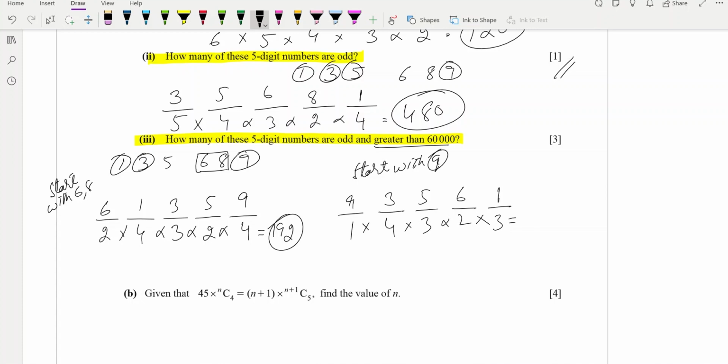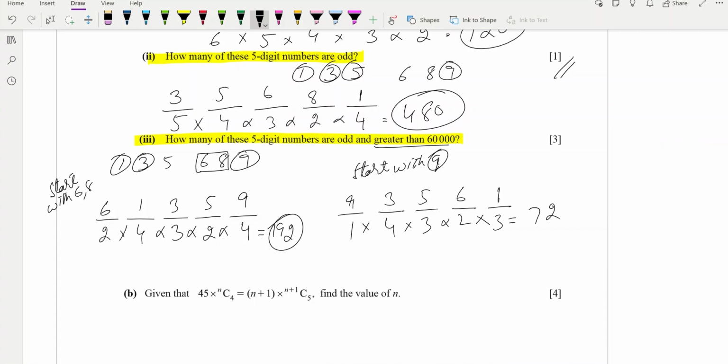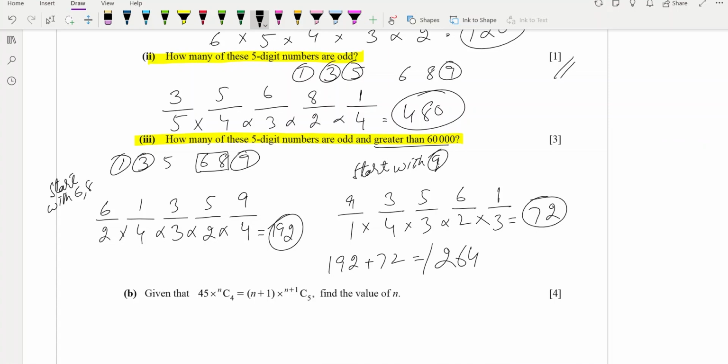This will be basically 1 multiplied by 4 multiplied by 3 multiplied by 2 multiplied by 3, which will be equal to 72, and we can add these two, 192 plus 72, which will be equal to 264. So 264 will be our final answer. This was a 3 marks question.